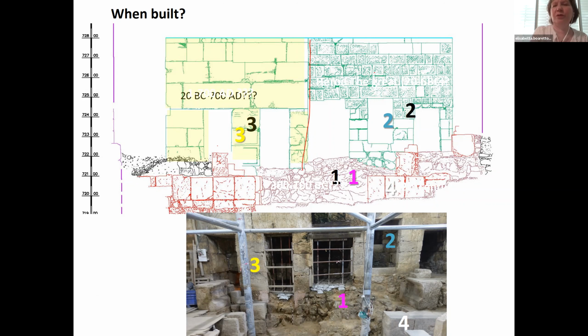So this was the original one, the first one, this part, and then it was doubled in size later on. Was it maybe from 20 BC, when they immediately recognized the arch was too small and had to make it larger, or was it up to 700 AD, during the early Islamic period?